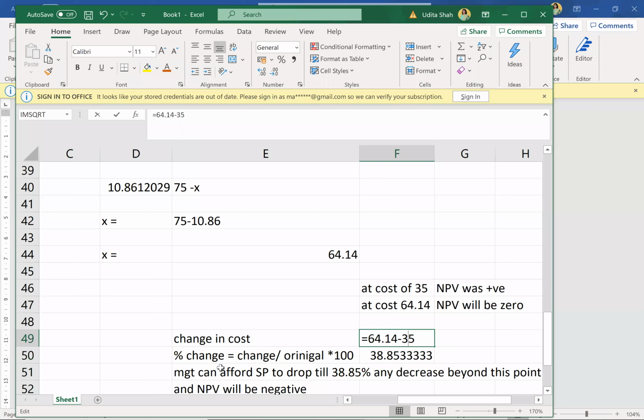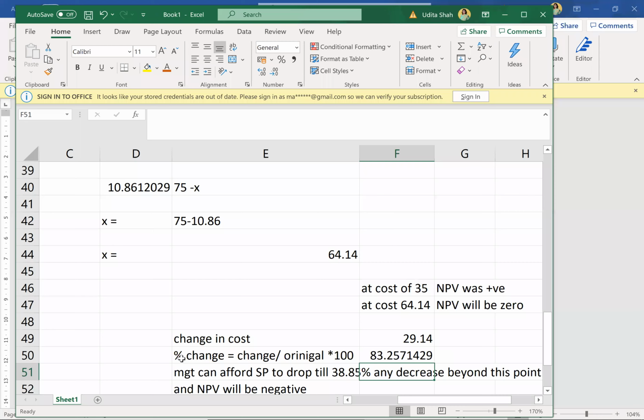Correct. And what is the percentage change? That will be 29.14 divided by the original, which was 35, into 100. So management can afford the cost to increase by 83.25%.